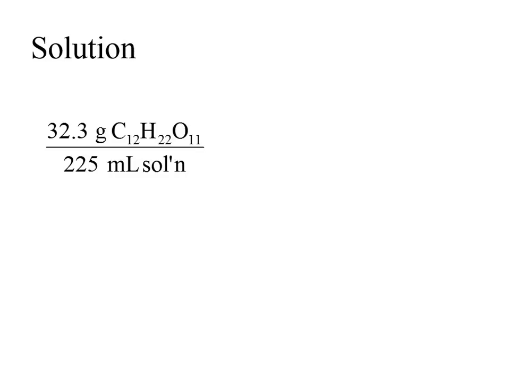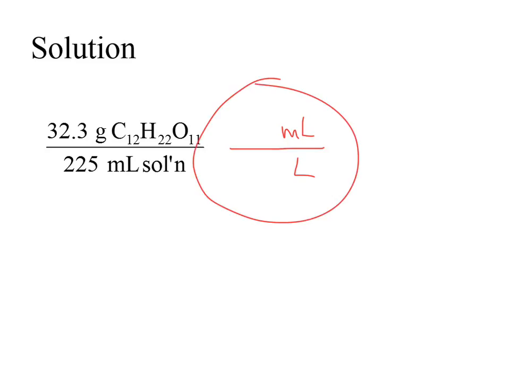Now if I were to stop there, my units wouldn't be right. So if I want my units of milliliters to cancel, I'll put units of milliliters up here, and units of liters down here. Now this is a really common missed conversion. I've done it before. But 1 liter contains 1,000 milliliters.